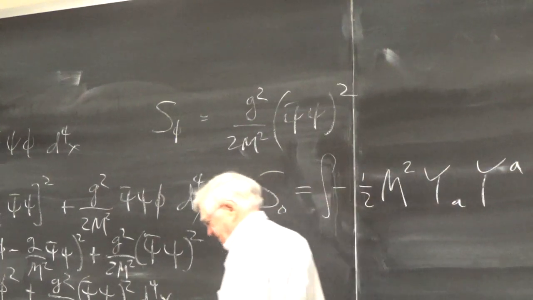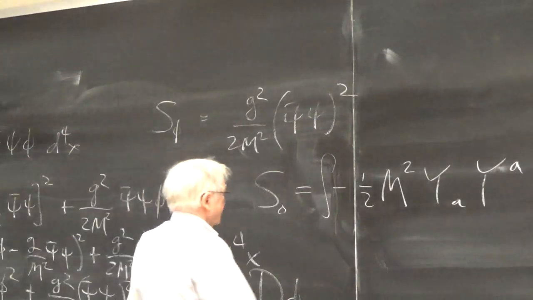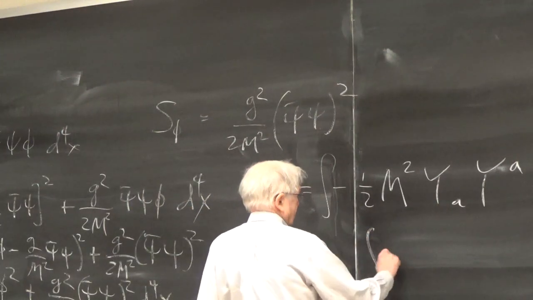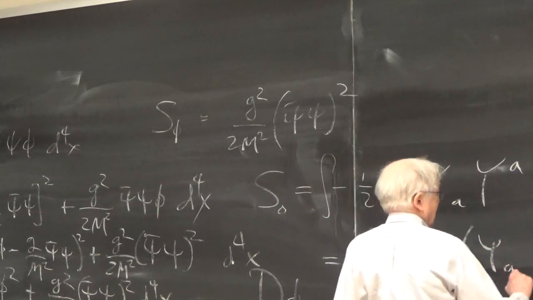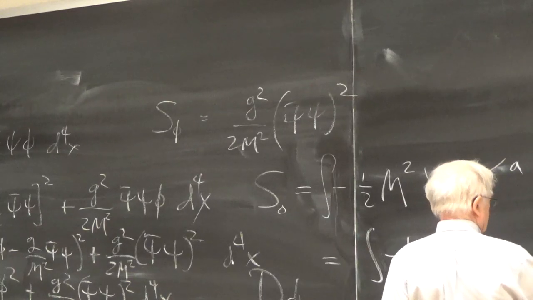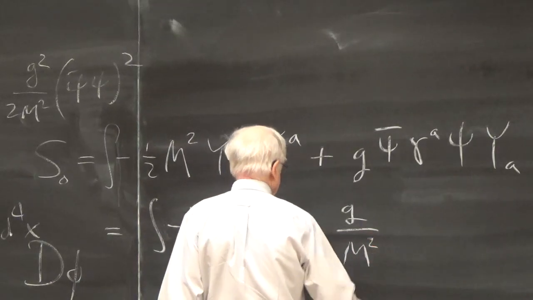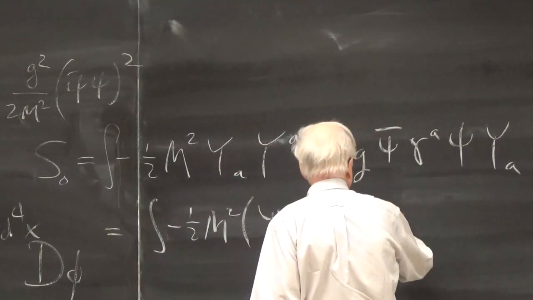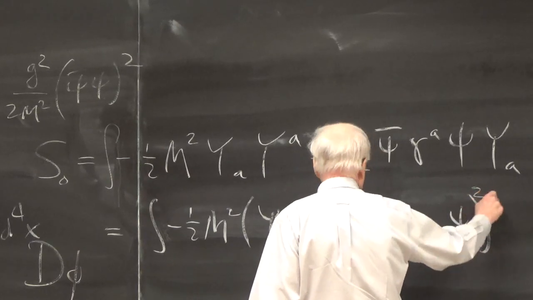So if we imagine that this is the part of the action that we focus on, then we can do the same trick. We can rewrite this as an integral of minus 1/2 m squared times YA minus, and now I didn't write this down explicitly, g over m squared psi bar gamma A psi, squared.